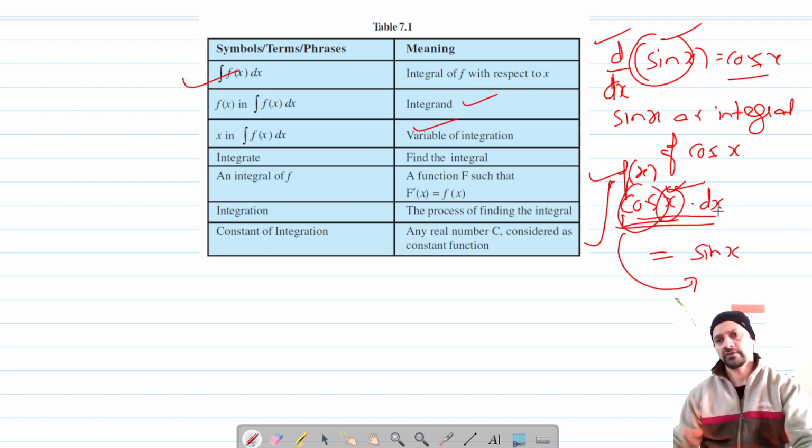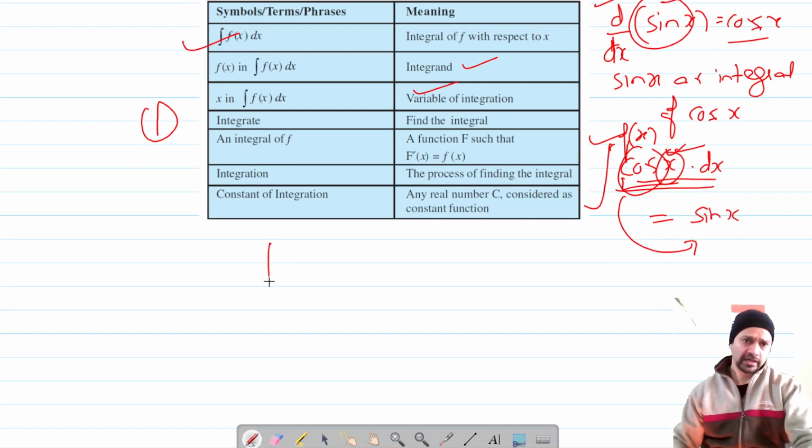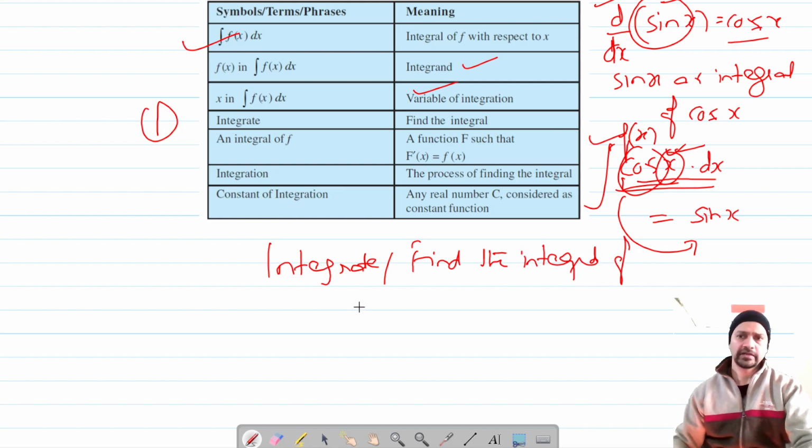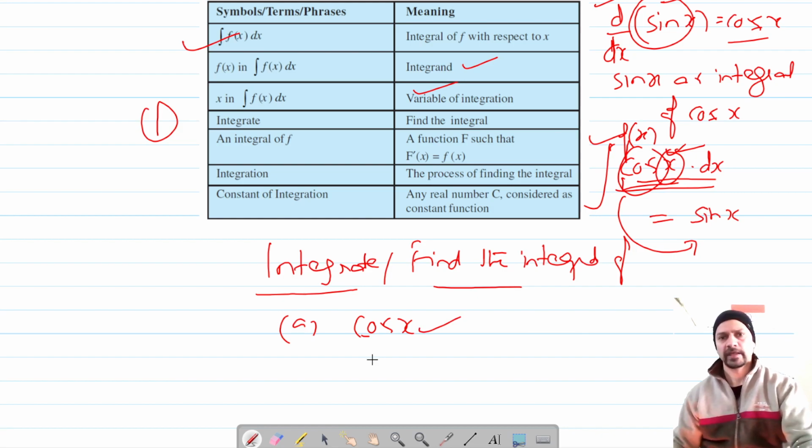We have to integrate with respect to x, and our questions will be in the form: integrate or find the integral of, let's say, cos x.